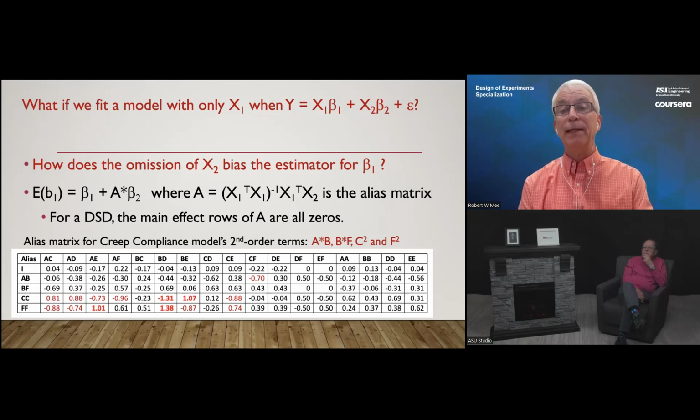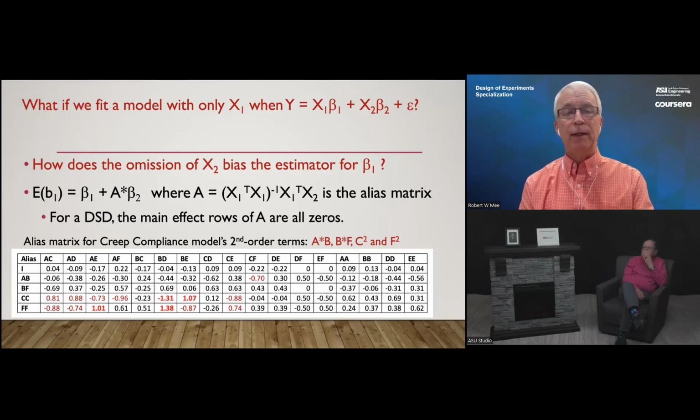Well, they have omitted in their model many second order terms. They omitted all interactions except for AB and BF. And so you see those listed as columns of the alias matrix. And they omitted 4 pure quadratic terms, A squared, B squared, D squared, E squared in this particular model.